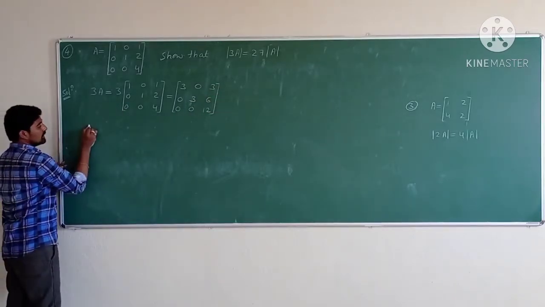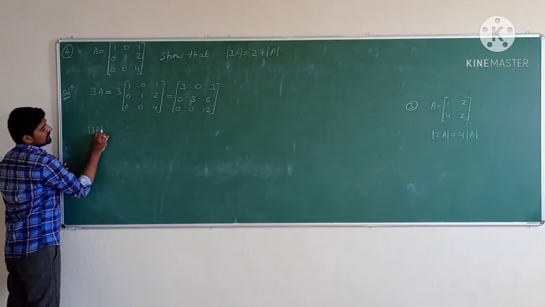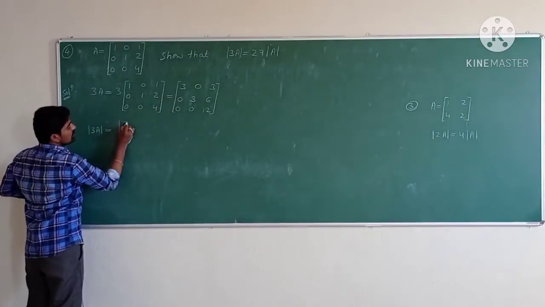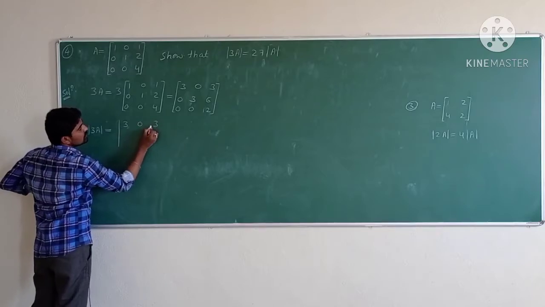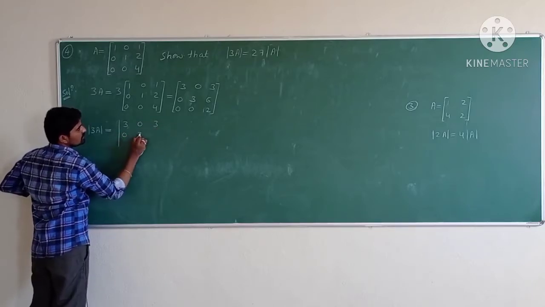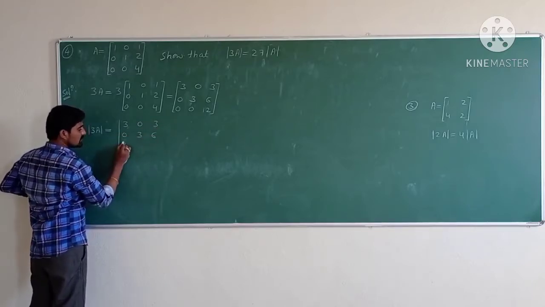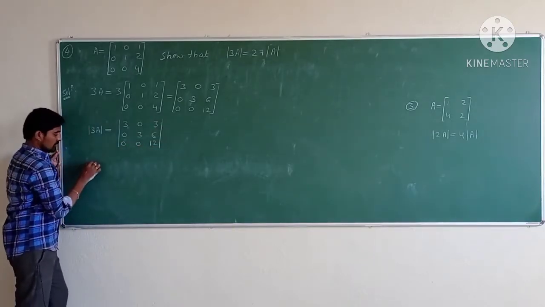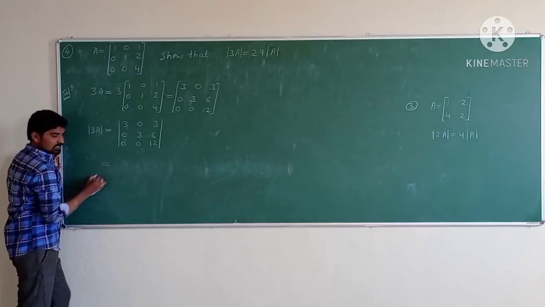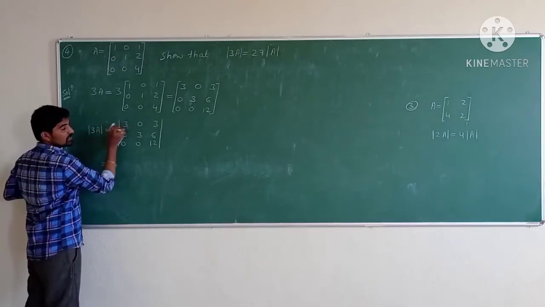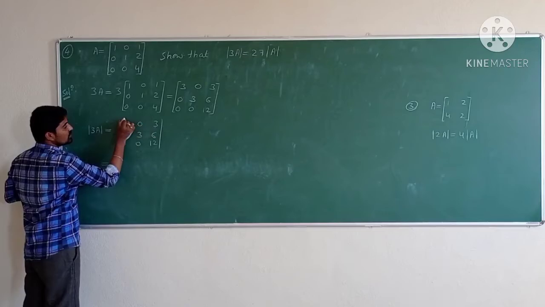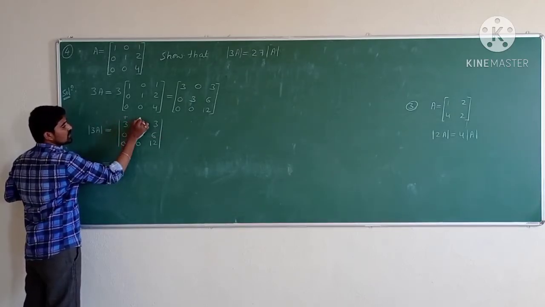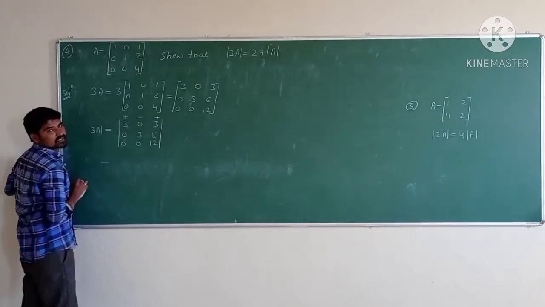Now the determinant of 3A is equal to the determinant of 3 0 3, 0 3 6, 0 0 and 12. So expanding along the first row, the signs associated with these elements are plus, minus and plus.